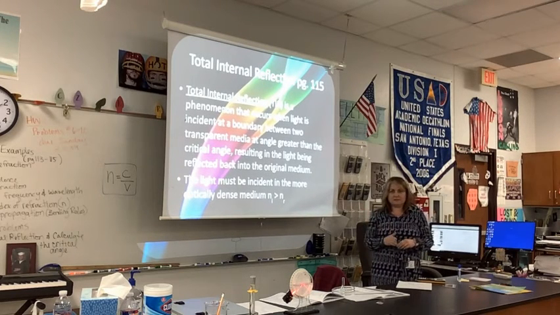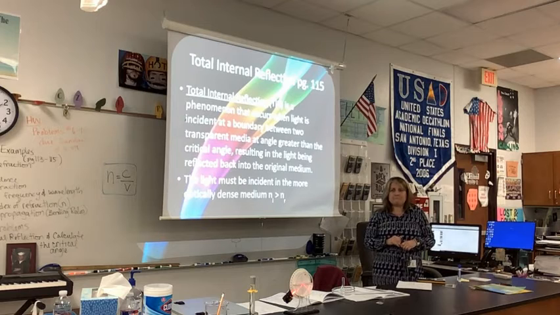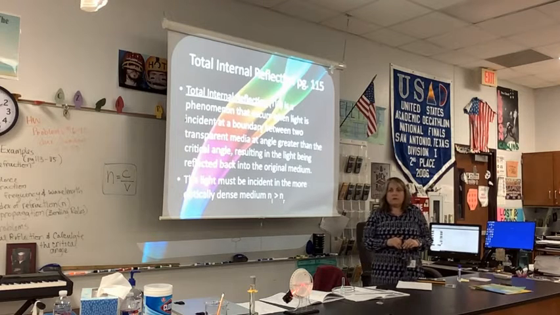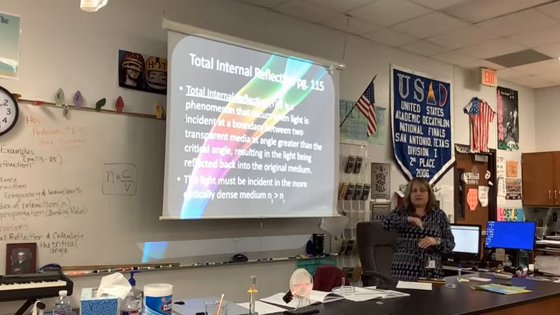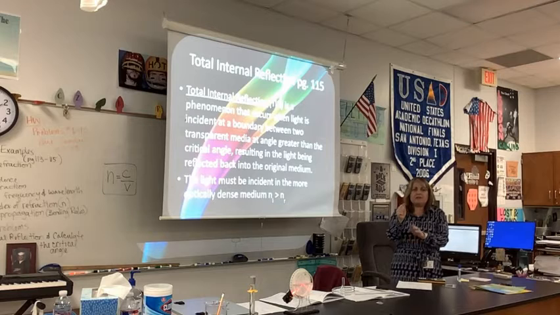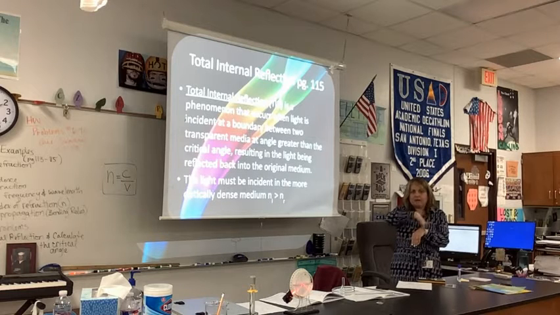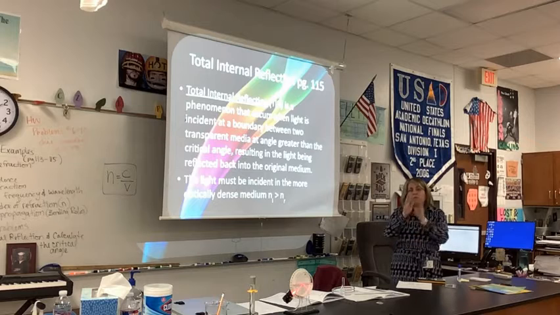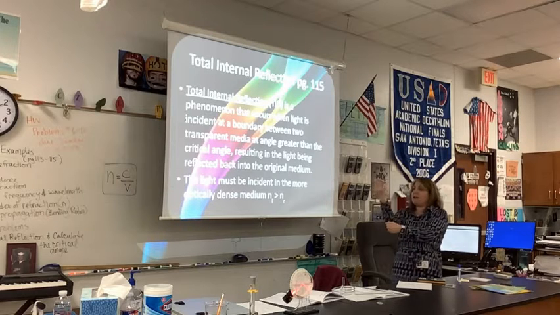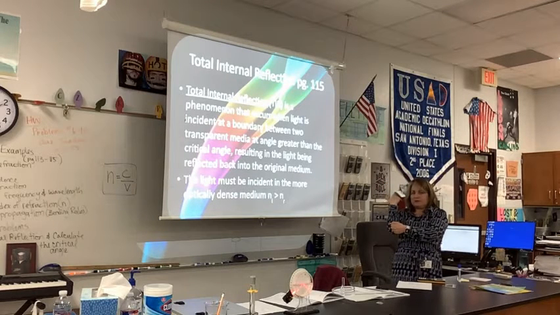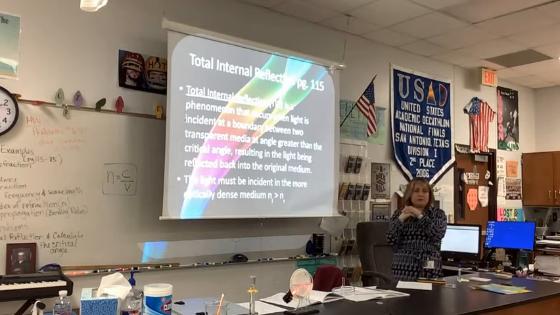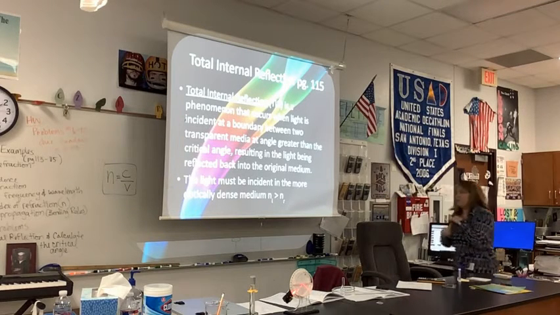That doesn't happen in air, because as you increase the angle of incidence, it's just going to bend closer and closer to the normal. Where when it goes from water into air, it bends away from the normal because it speeds up. So it approaches the boundary between the air and the water. That makes sense.